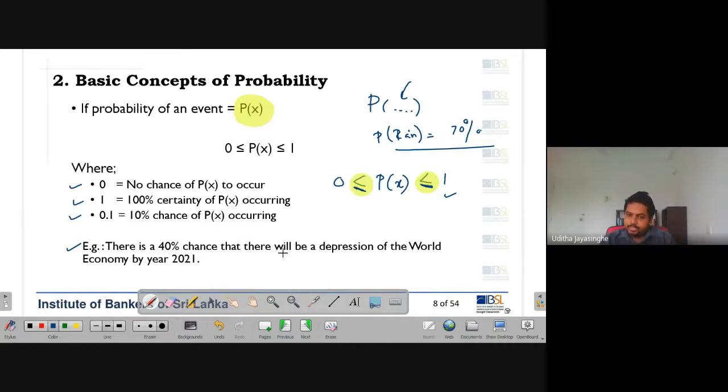So what's the event? That there will be a depression of the world economy. What's the complementary event? There will not be a depression in the world economy. What's the probability of that complementary event? If this is 40%, that is going to be 60%.